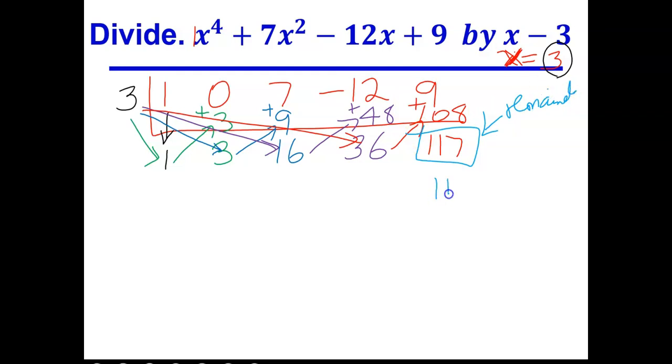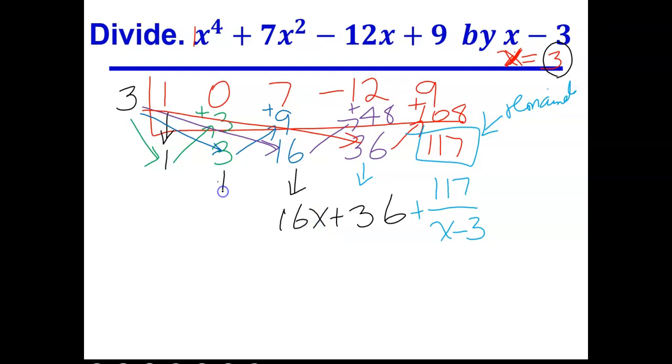We usually put the remainder over the divisor, which is x minus 3, and we add it to what is left. So the new constant term is 36, and then in decreasing order, this is positive 16x, and then 3x squared, and then 1, but we don't write that 1, we just write x to the third power.